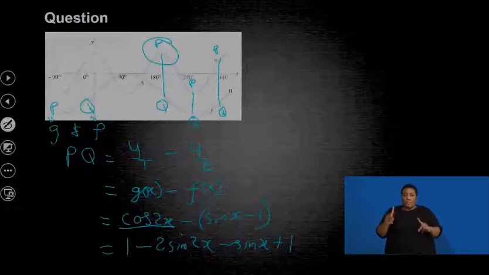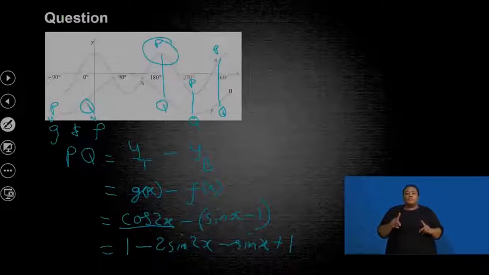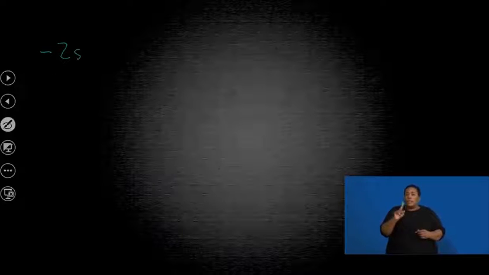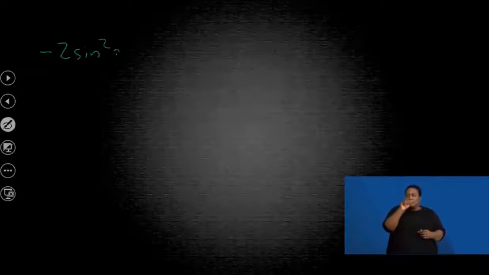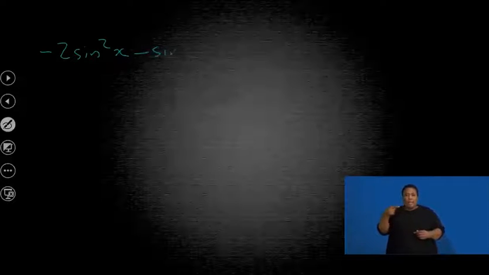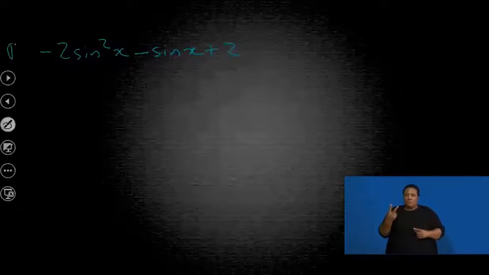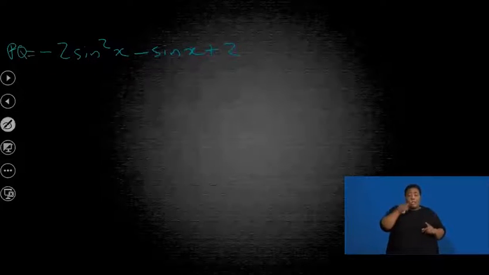So I'm just going to go to the next slide and have more space to do this. So this is actually going to be minus 2 sine squared x minus sine x plus 2, right? And remember, that's still our PQ there.